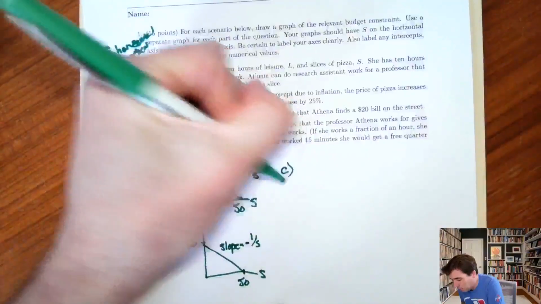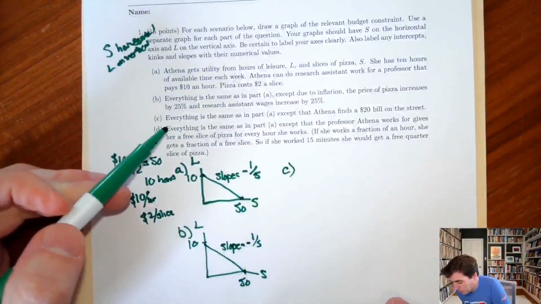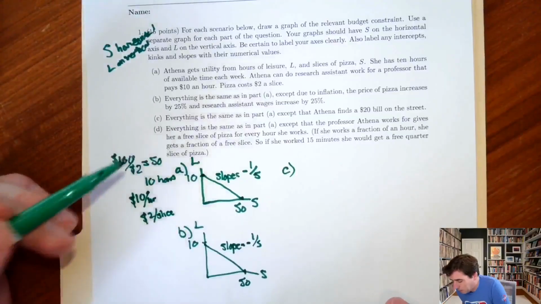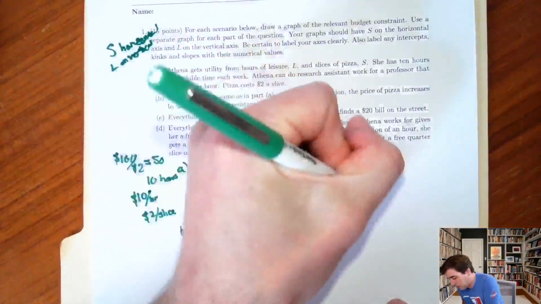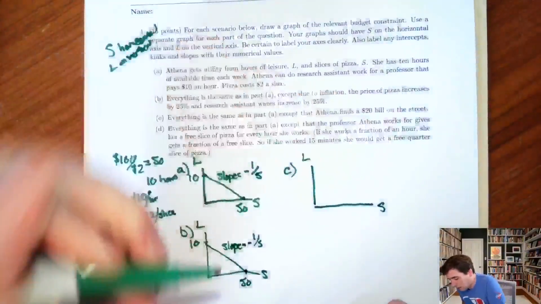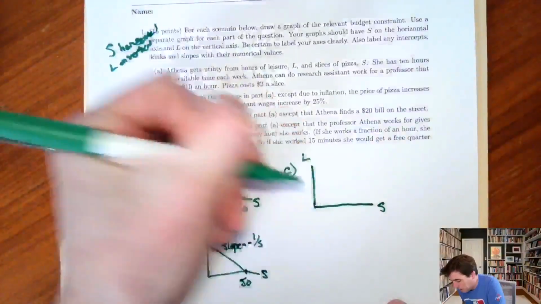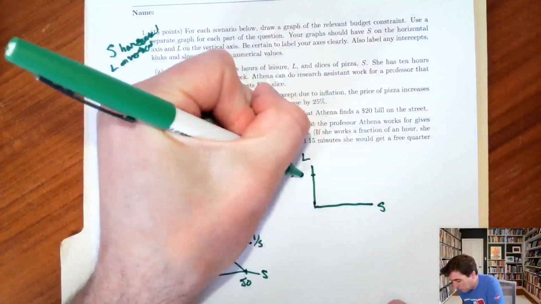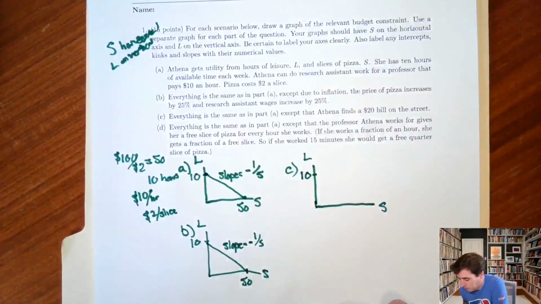All right, let's move on to part C. Everything is the same as in part A, except that Athena finds a $20 bill on the street. Once again, S and L are my two axes. A $20 bill does not buy me any more leisure time, so I still have 10 hours as my leisure.